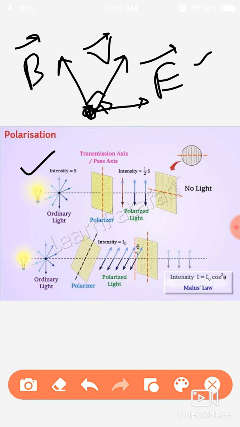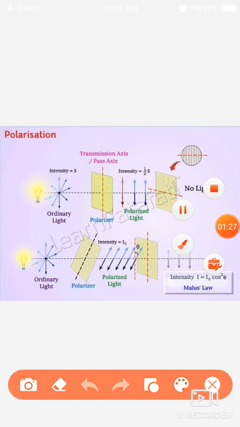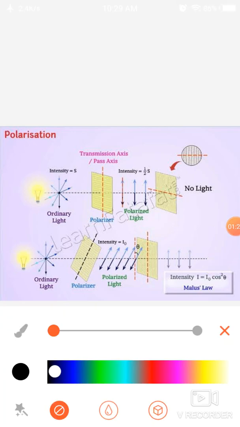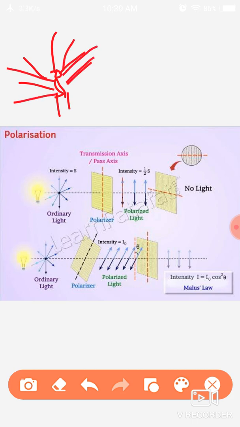For example, if I take a light source, it may be a candle, and light and photons, or we can say electromagnetic waves, are emitted in all possible directions.